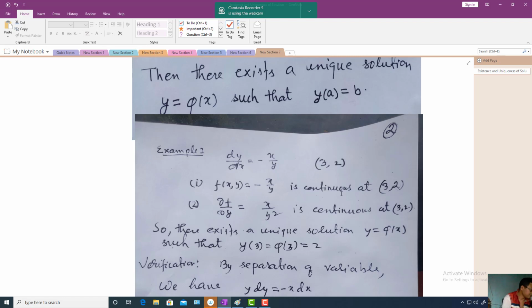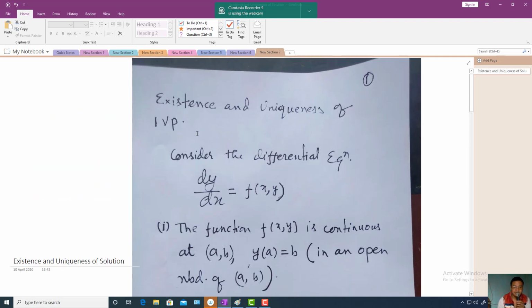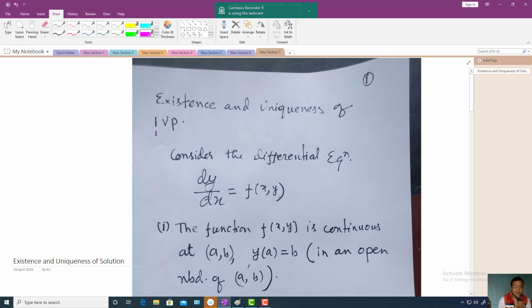In fact, it is initial value problem of differential equation. Let us consider there are two conditions to ensure existence and uniqueness. Number one is existence.